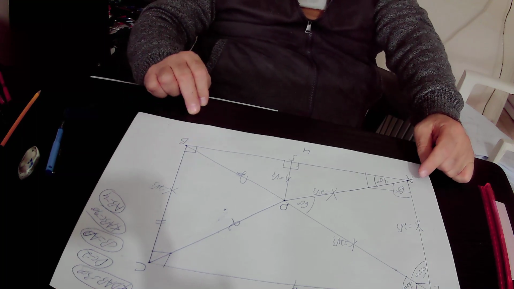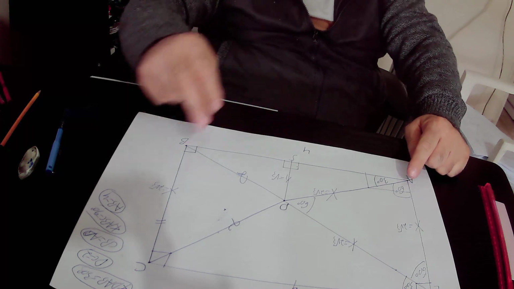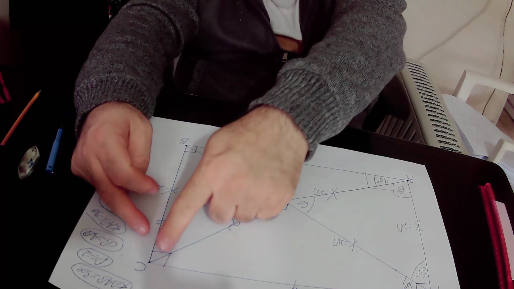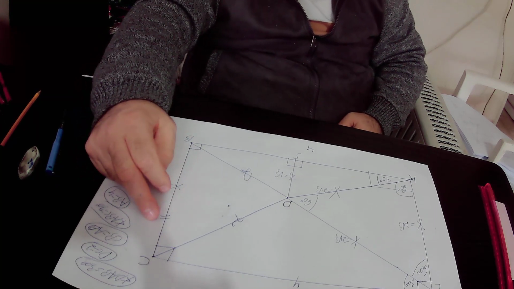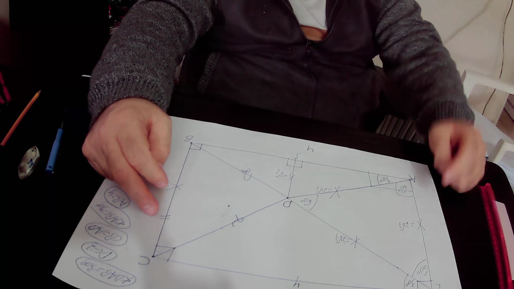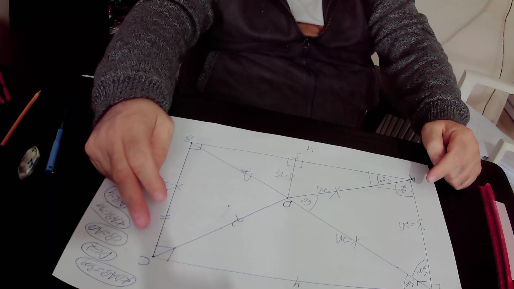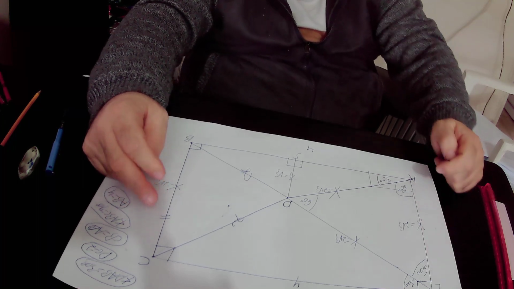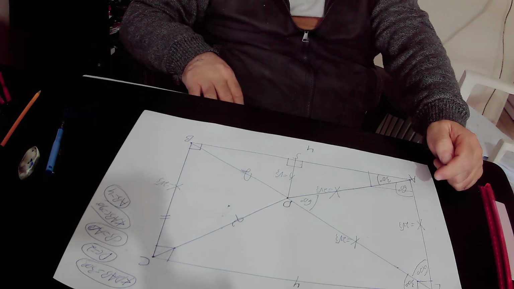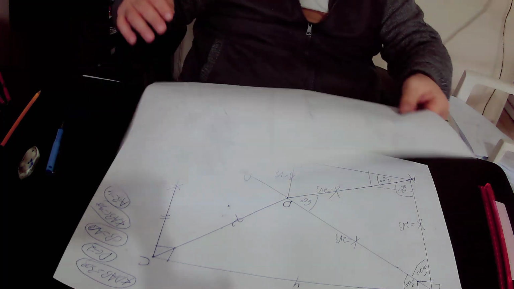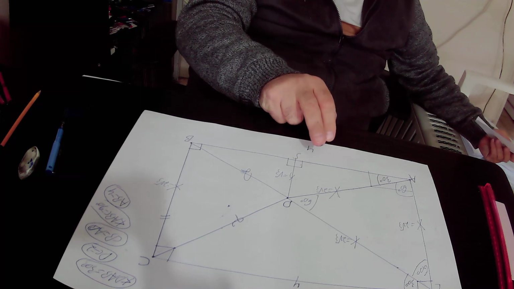From point A, we draw a perpendicular to AB, so this angle is 90 degrees, and from point C, we draw a perpendicular to CB, so this angle is 90 degrees. We defined the intersection point between the perpendicular from A and the perpendicular from C as point E, and then we created quadrilateral ABCE.